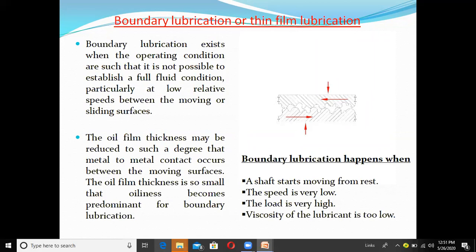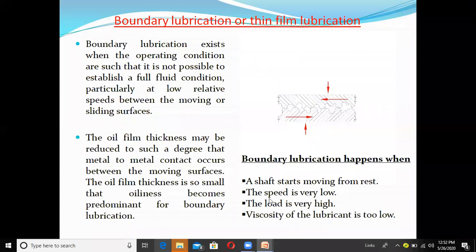Even though there is a lubricant in between the two components, there is contact between one component and the other component at some point. That is nothing but boundary lubricant or thin film lubricant. This boundary lubrication happens when a shaft starts moving from rest: the speed is very low, the load is very high, and the viscosity of the lubricant is very low.